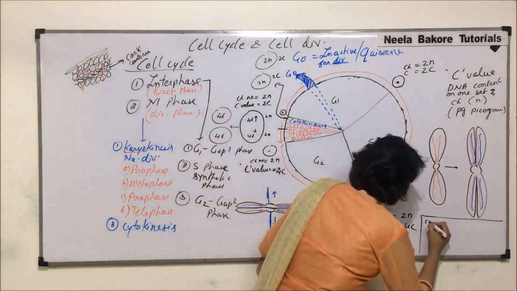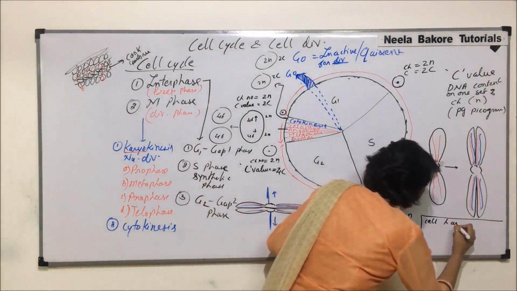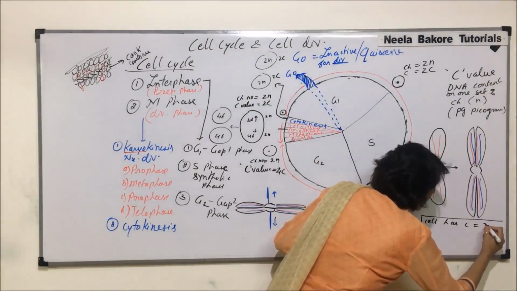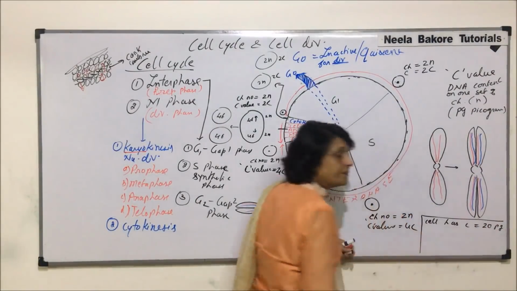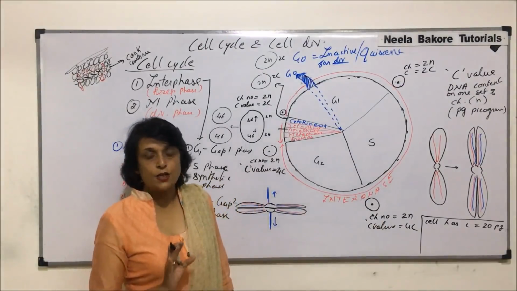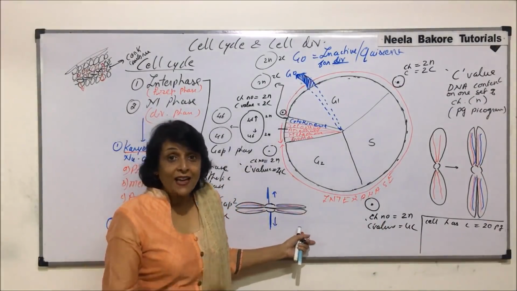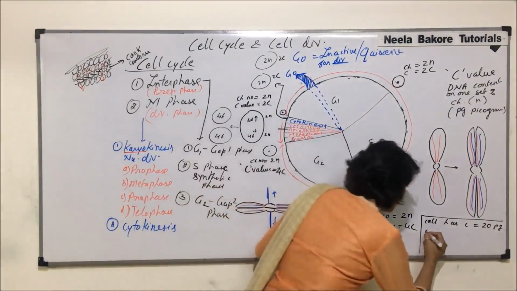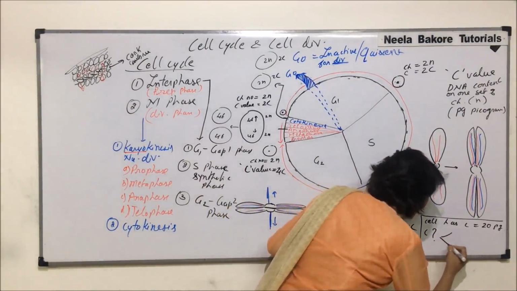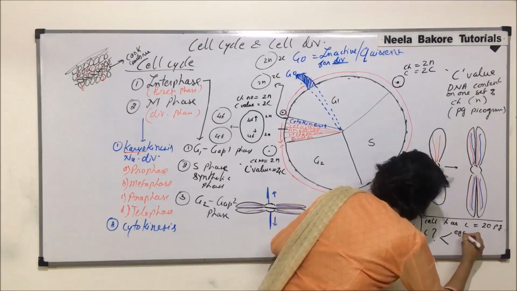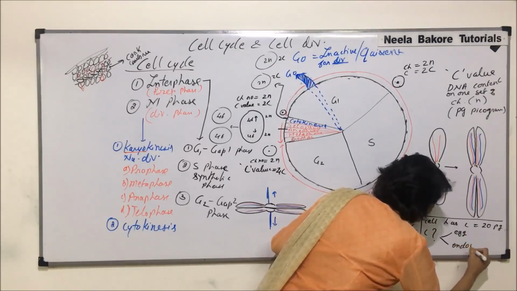A cell has C value, say 20 picograms. This is the question they have asked us. What would be the C value in, say, egg and endosperm?